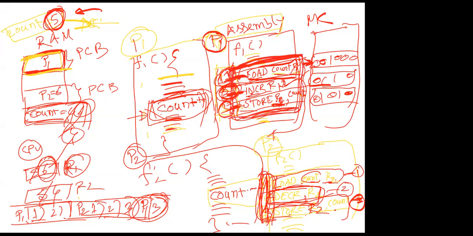Let's say this is the code segment for this process P1. Here, this process needs to access the value in shared memory.